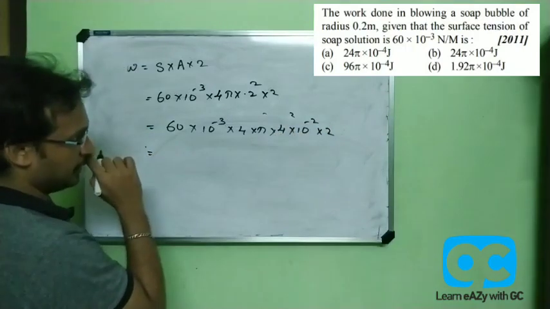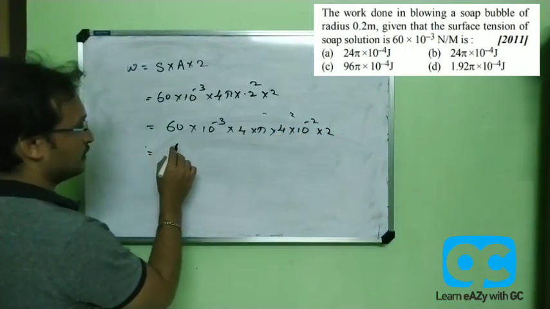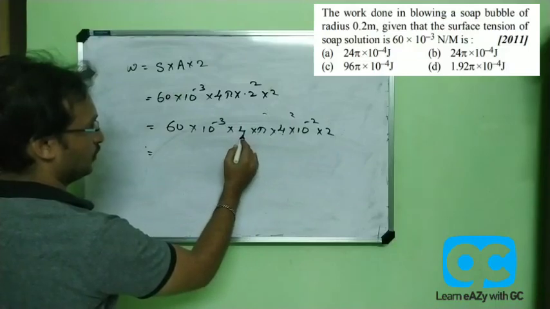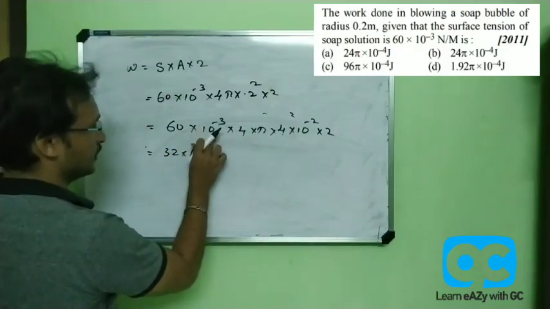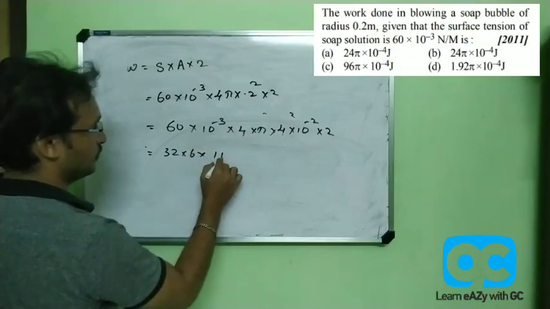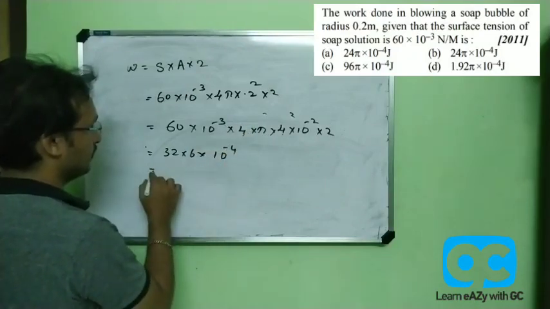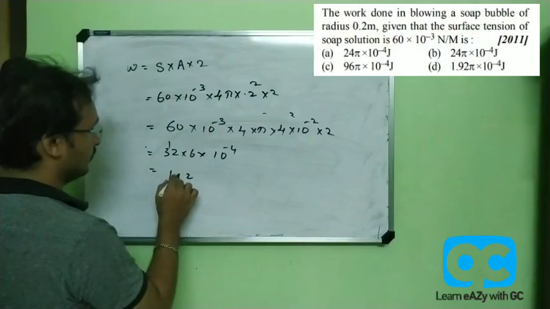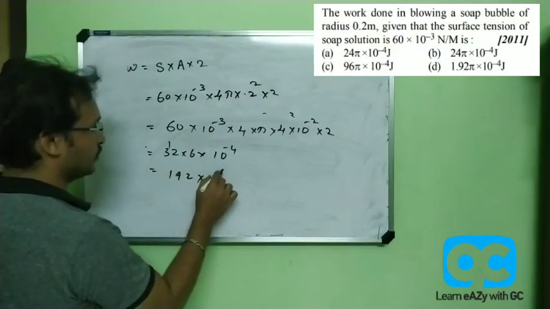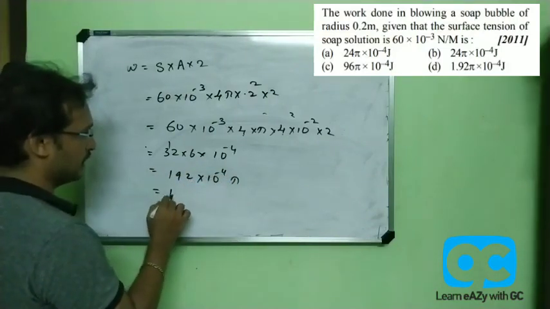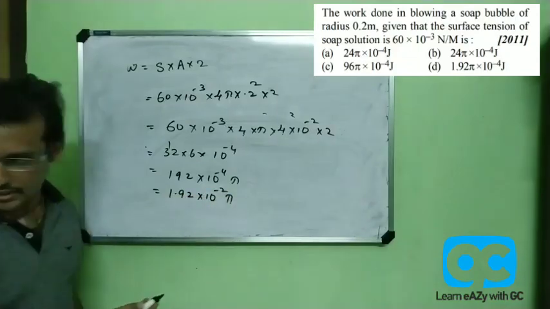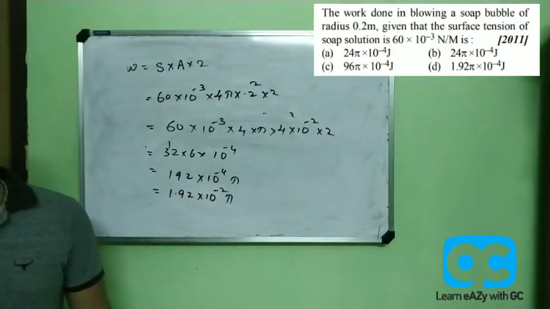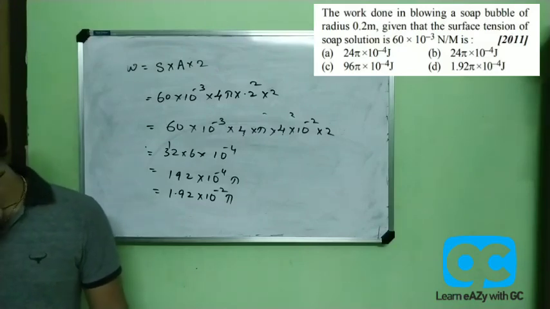So it will be 2 into 4, 8 into 4, 32, 32 into 6, 192 into 10⁻⁴ pi I am getting, or it is 1.92 into 10⁻² pi. This is the answer I am getting again, but there is no such option, or I am wrong.